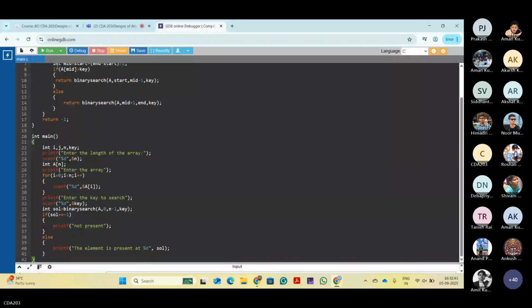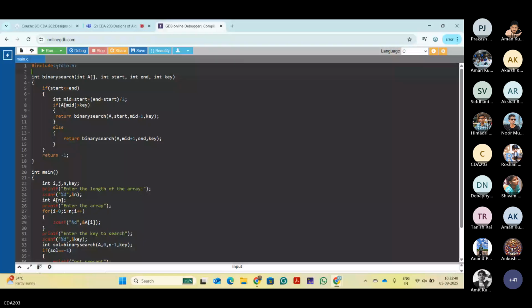I have got to mention, what if it's equal? That case I did not consider.